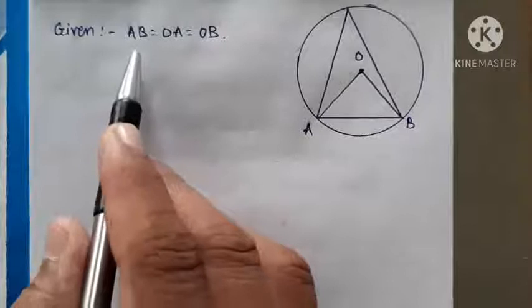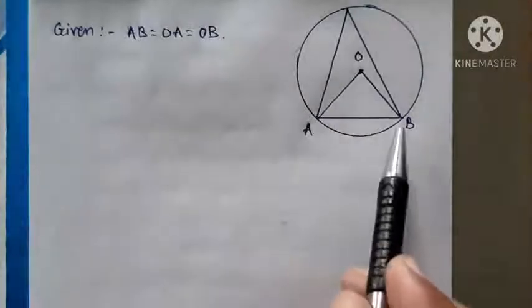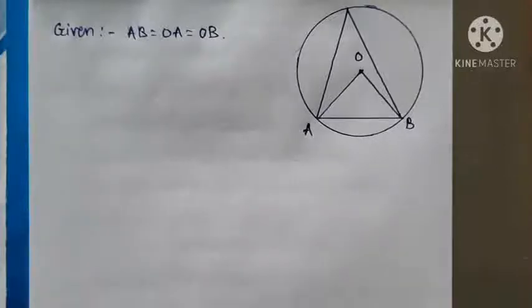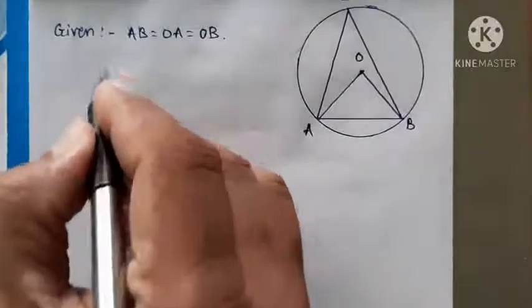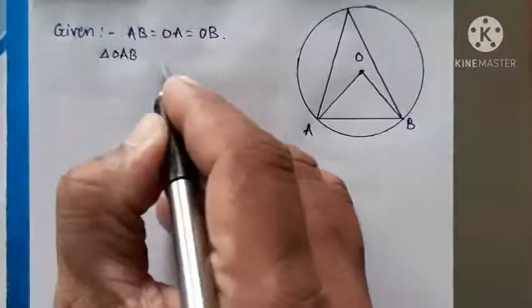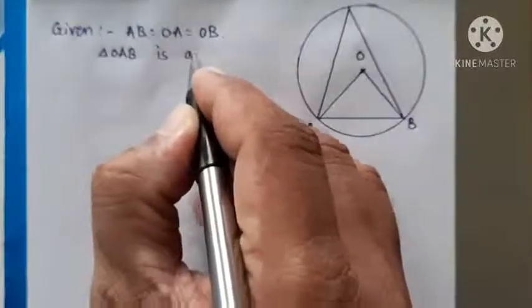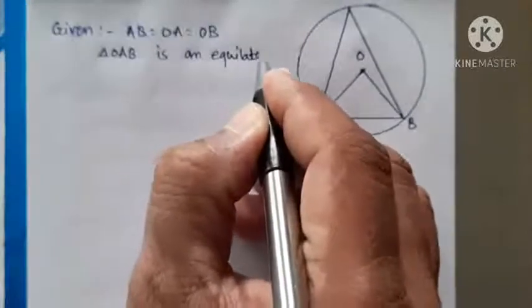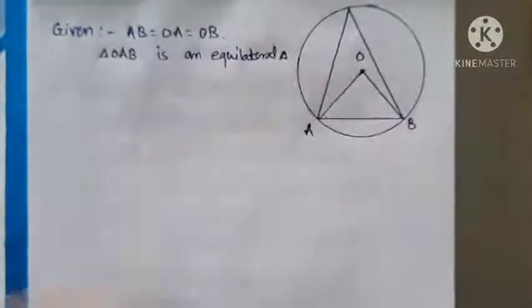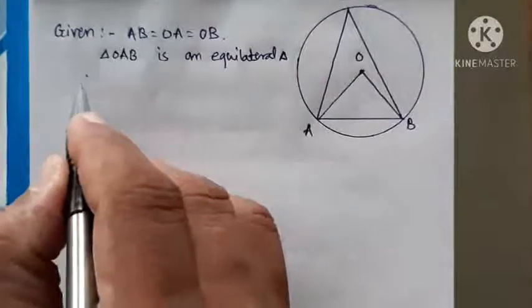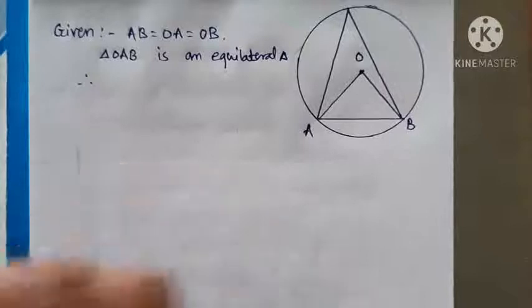Here, given that chord AB is equal to radius OA is equal to radius OB. Therefore, triangle OAB is an equilateral triangle. Therefore, we know that each angle of an equilateral triangle is 60 degrees.